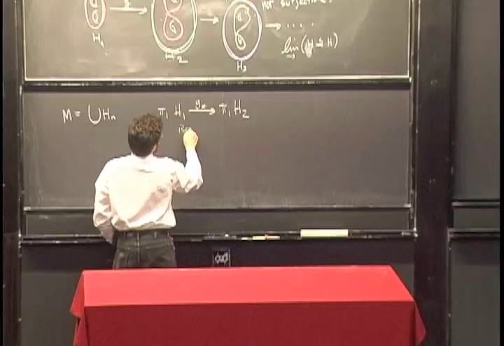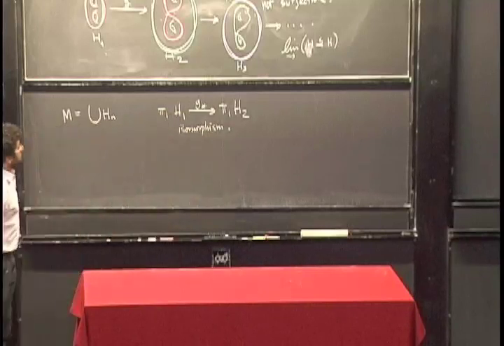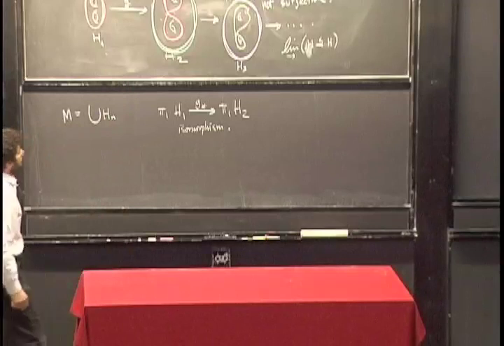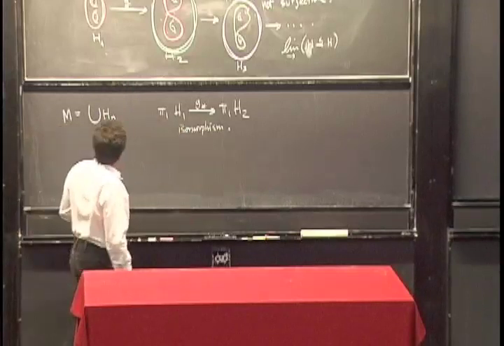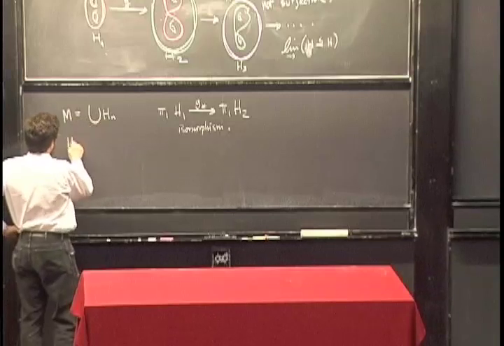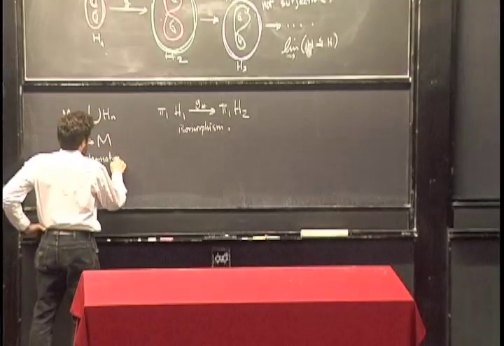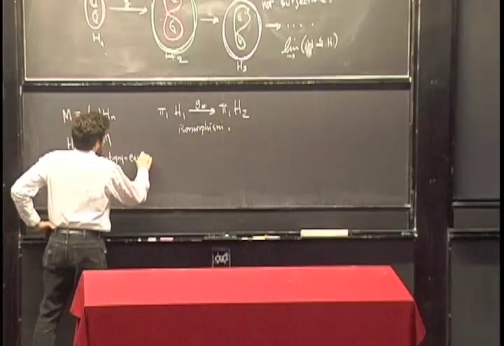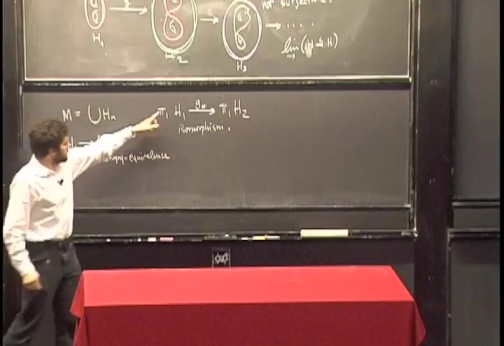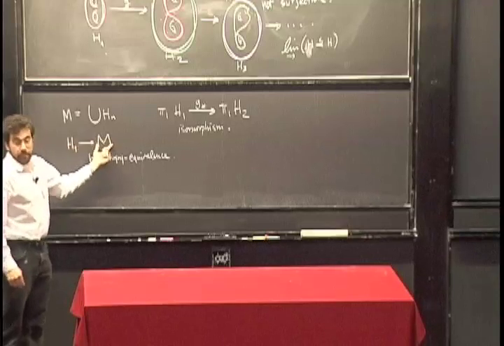This map is just an isomorphism, because the knotting didn't affect the map on fundamental group when I think of it this way. And so in fact the map from H1 into M is a homotopy equivalence. It's not hard to see. And in particular, it's an isomorphism in fundamental group, essentially because of repeating this. So this thing has the same fundamental group as this.